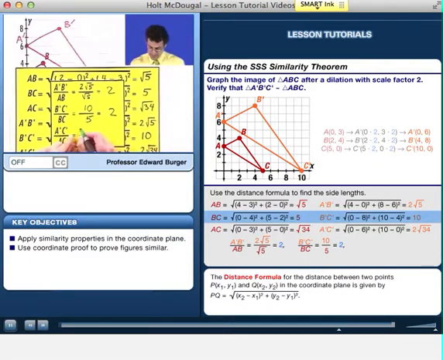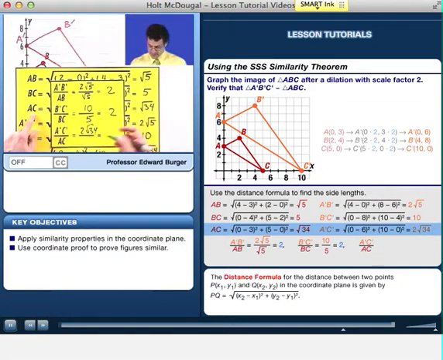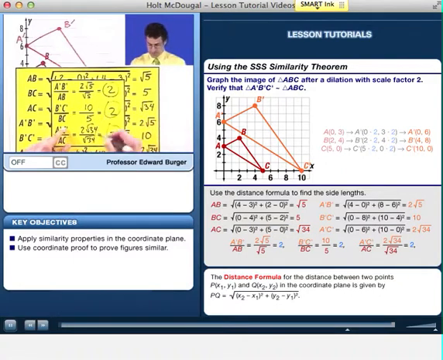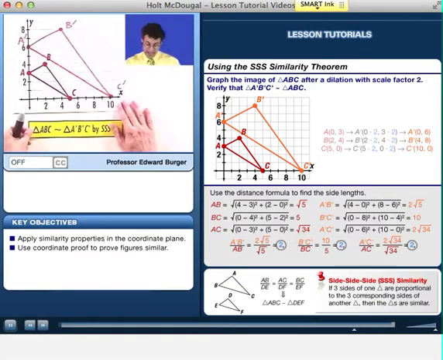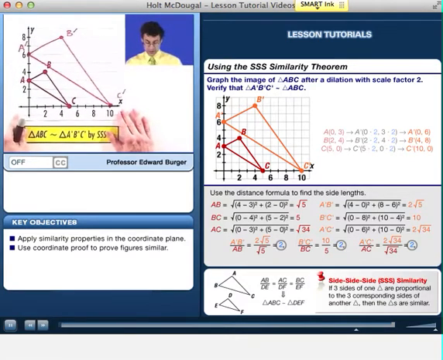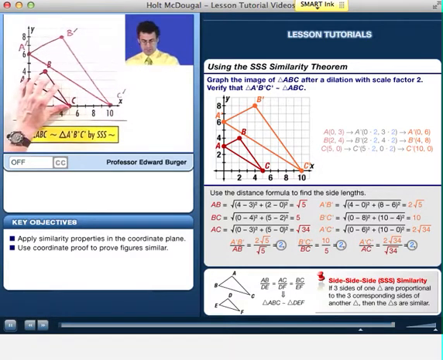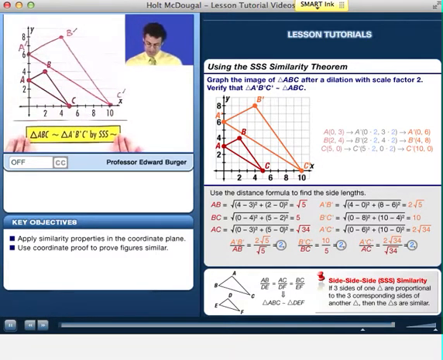A prime C prime, 2 square root of 34, divided by AC, which is just square root of 34, and you get 2, 2, 2. And so what do we conclude? We conclude by side-side-side similarity that, in fact, these two triangles, this one which was generated from a dilation of the original one by a particular scale factor, are similar.